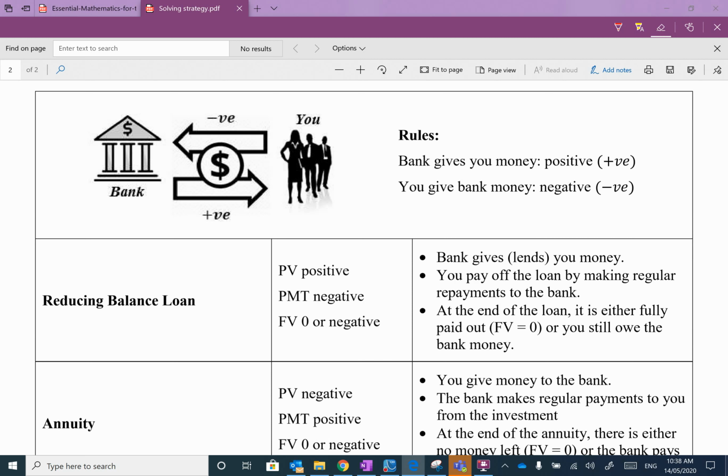So that means that our present value is going to be positive because we get that money, that makes us happy. We then pay off the loan in regular amounts. We have to give the bank that money, which makes the payment negative. And then eventually you shouldn't owe the bank any money at all. So our future value should either be zero or it's going to be negative because we still need to give the bank money.